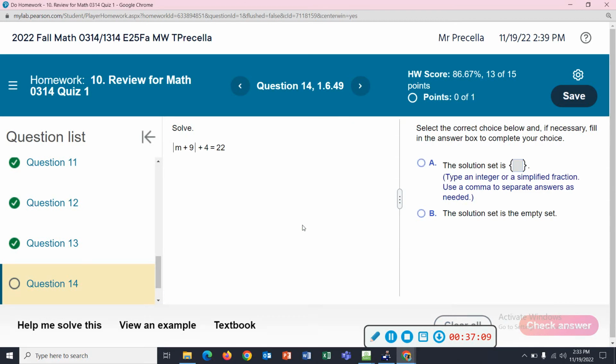Number 14 is another absolute value equation. Let's see. Absolute value of m plus 9 plus 4 equals 22.